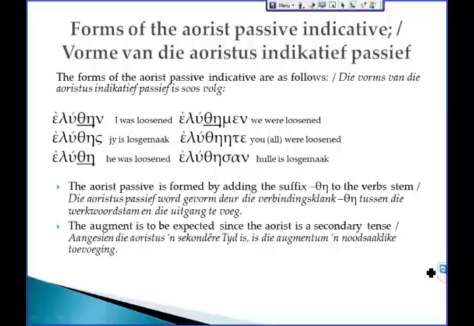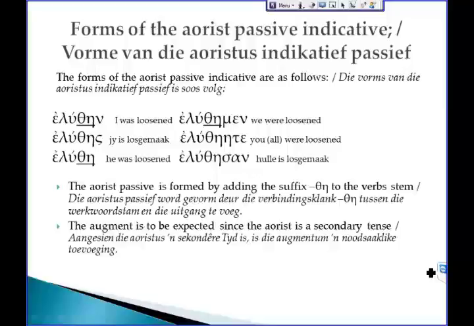And the fact that it's an aorist, what type of an action does it denote? Speak like a Greek student now. Not just past. It's something that happens in the past, but with an effect in the present.